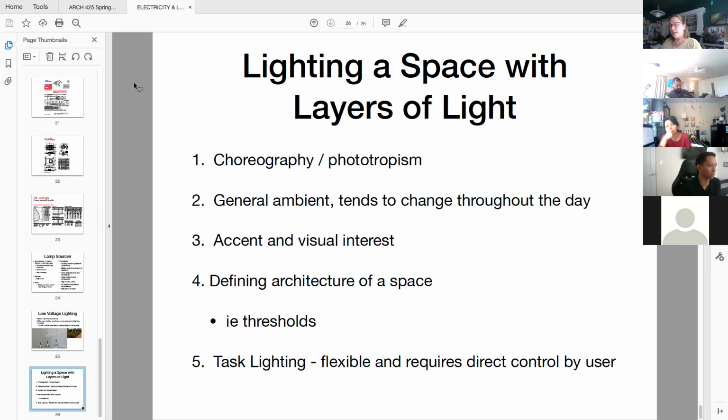So, a 5-step approach for artificial lighting is: remember that we're attracted to light. So use that concept of phototropism to choreograph how people move through your space.